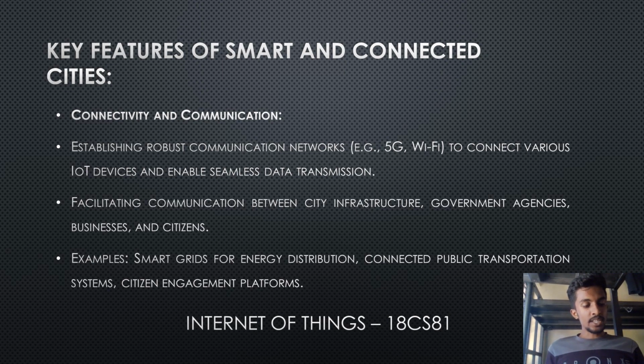Connected public transportation systems are networks that utilize technology to enhance coordination, efficiency, and accessibility in public transportation. And citizen engagement platforms are digital platforms that facilitate interaction between citizens and government for feedback, information sharing, and participation in the decision making process.